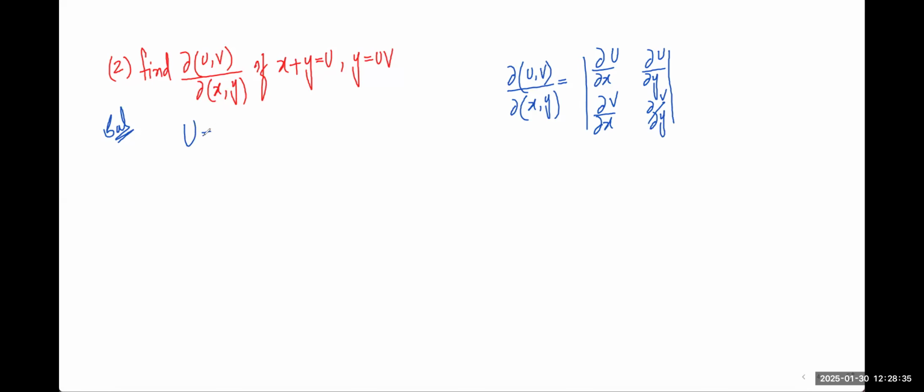Now according to this, you can simplify our question. Our u value is x plus y. The value of u we have to differentiate partially with respect to x, and we already know that it is 1 only. The same u with respect to y, once again our answer is 1 only. The v value is y over u... here is a small confusion. I want v as the subject, so the multiplied term goes to the denominator: y by u is the value of v.